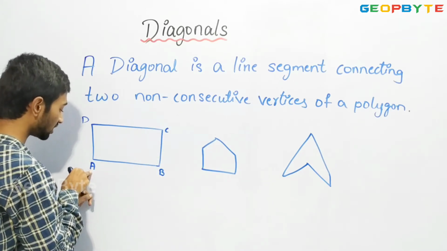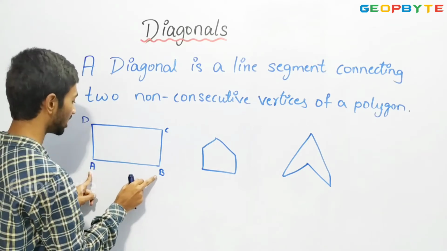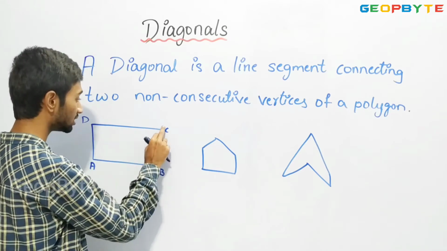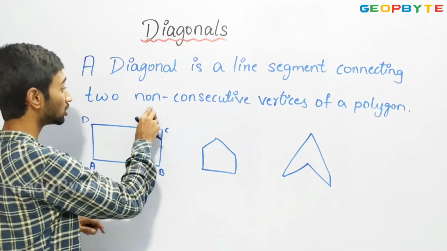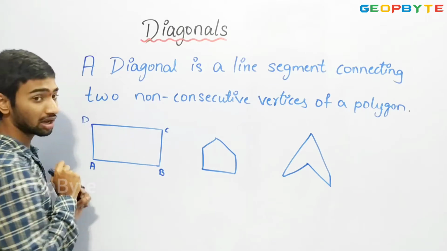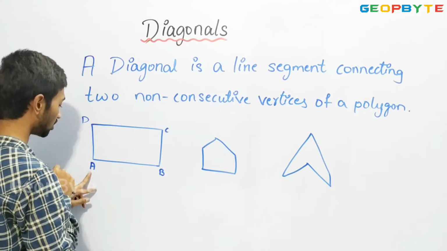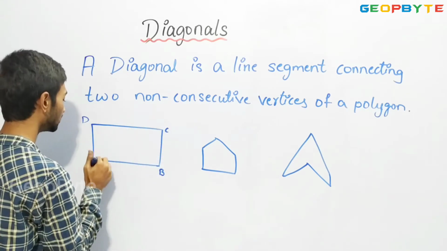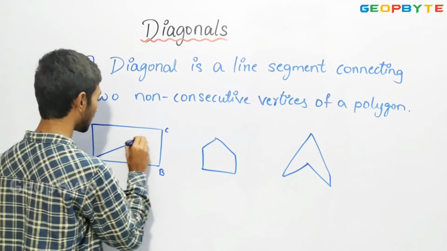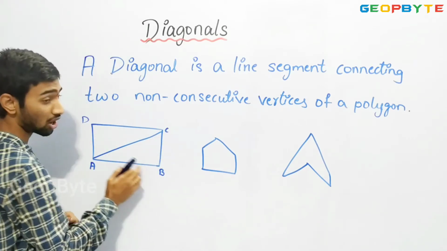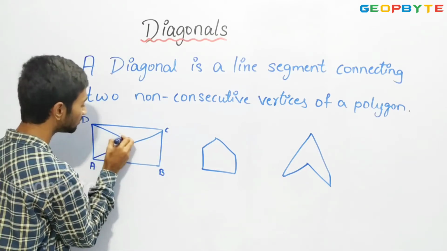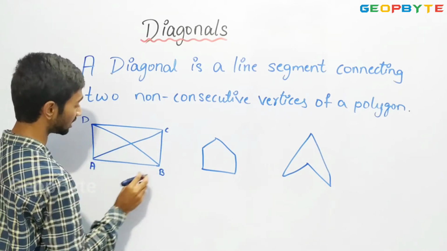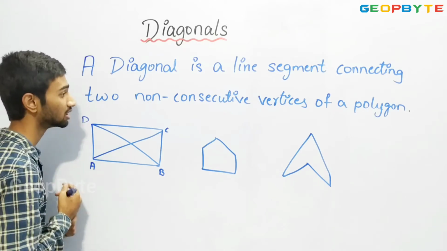So the consecutive vertices of A are D and B, and of B will be A and C, because these are side by side vertices. Non-consecutive means the non-consecutive vertex of A will be C, because it is not side by side, it is an alternate vertex. So AC will be a diagonal, and D and B are not side by side, so DB will be another diagonal. So AC and DB are the two diagonals for this figure.